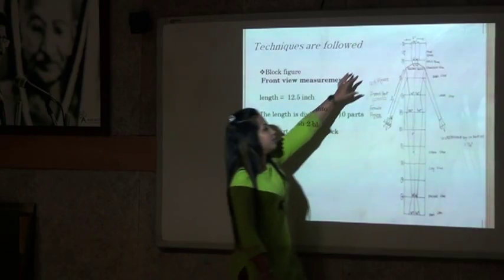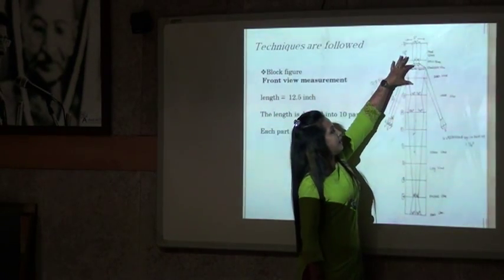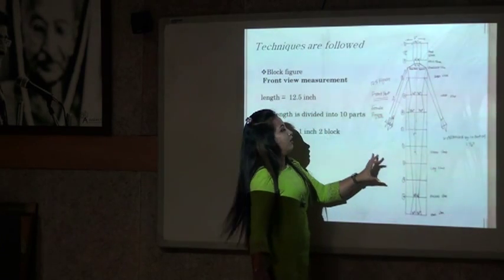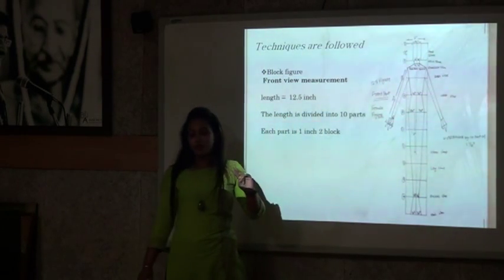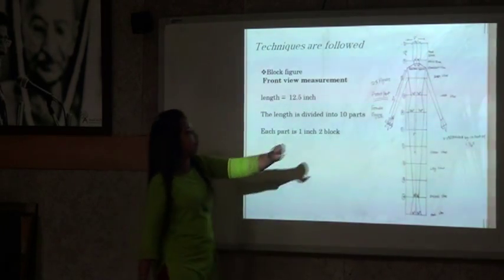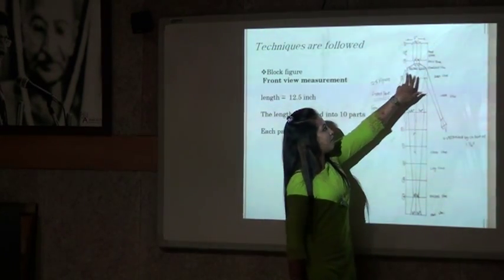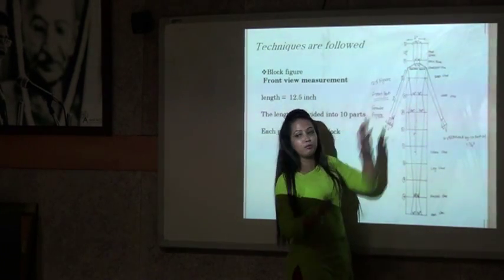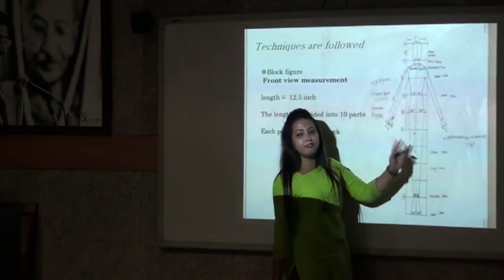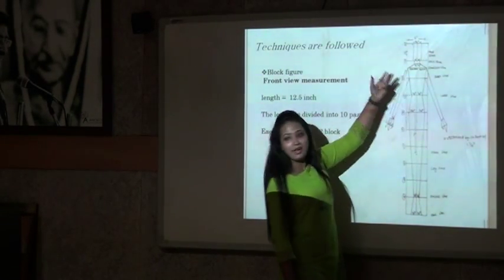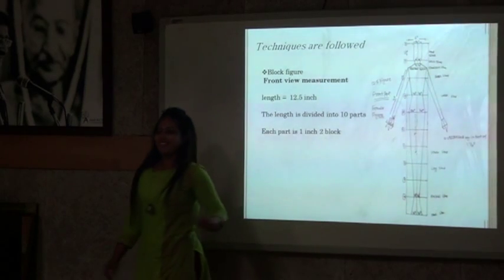The head block and the other parts are divided into 1 block 2 inch, 1 inch 2 block, right? For the shoulder it is 7 block and again 7 block. For the bust line it's 6 block and 6 block. Both blocks will be divided into the same division.